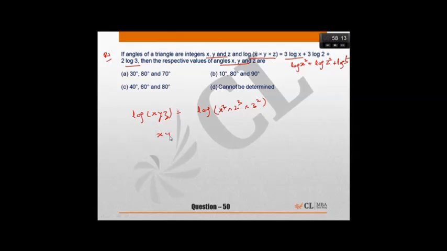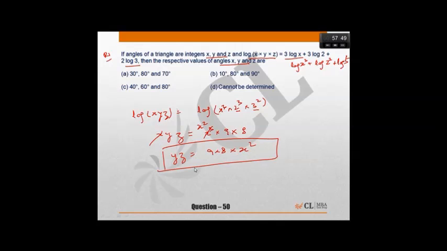So we can say xyz is equal to x cube into 9 into 8. So x gets cancelled out, and here we have x square effectively. So we can say yz should be equal to 9 into 8 into x square, or rather yz upon x square should be equal to 9 into 8.